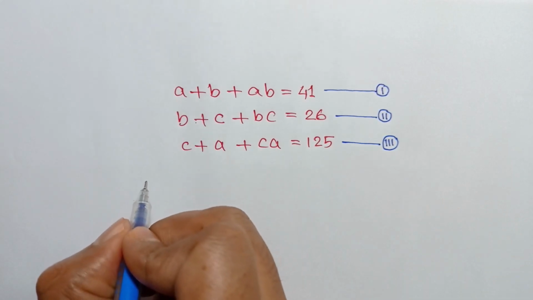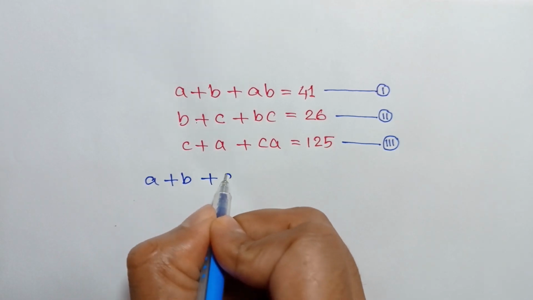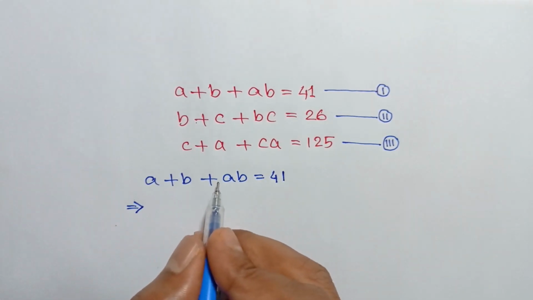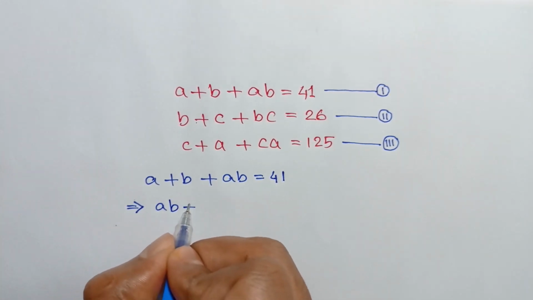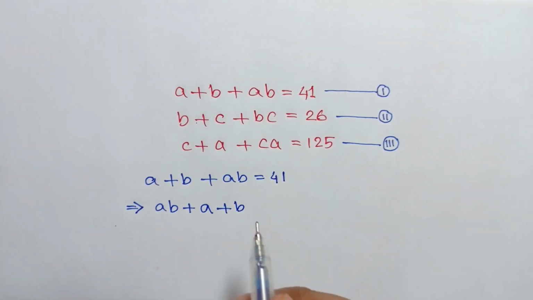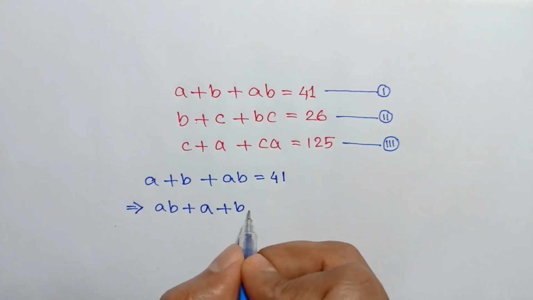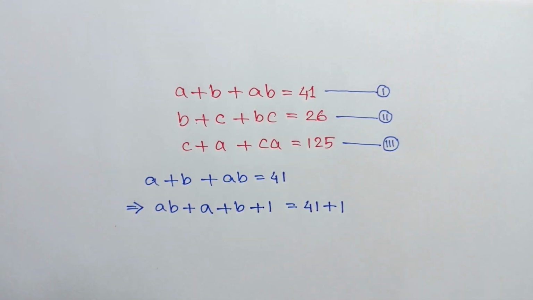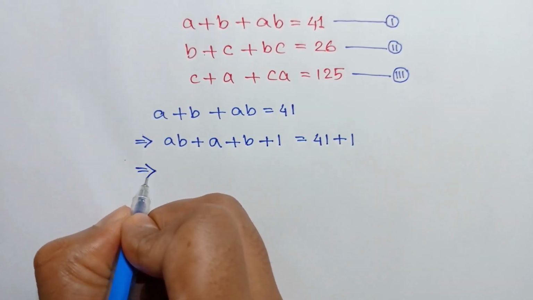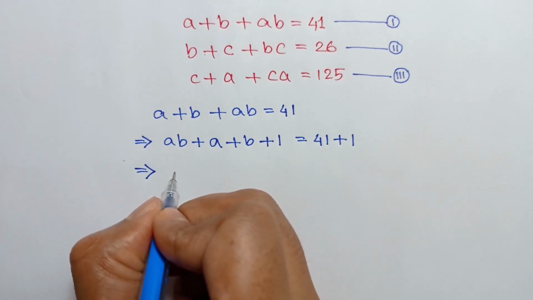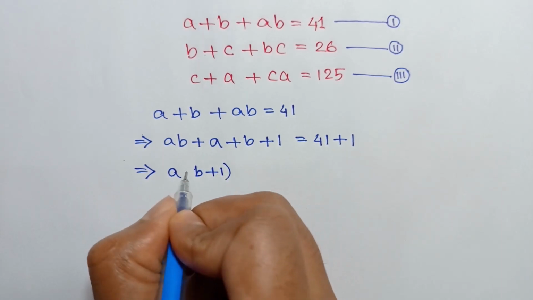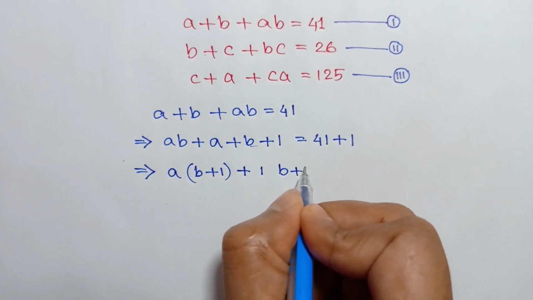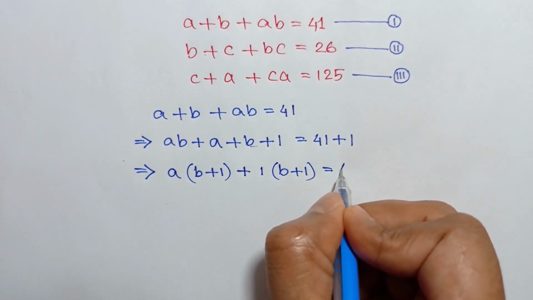So from equation 1 we can write a + b + ab = 41, or rearranging it we can write ab + a + b, and adding 1 to both sides, + 1 = 41 + 1. Taking a common from the first two terms we can write a times (b + 1), plus 1 times (b + 1) = 41 + 1 is 42.